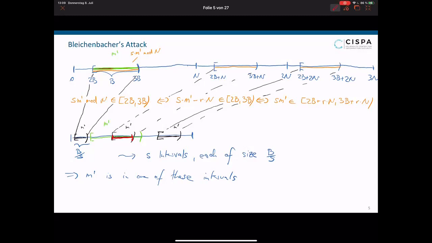You will confine m prime to a single point. So it's in these smaller and smaller intervals. Doing the math here is not really hard, but a bit annoying. But what you will get is, in the end, an interval which just consists of a single point and contains your point m prime.